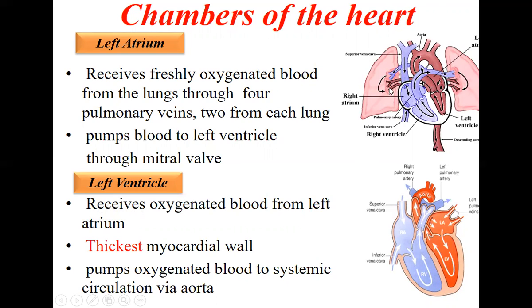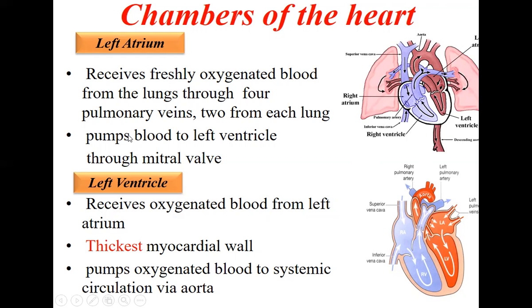So 2 from the right lung and 2 from the left lung will push the oxygenated, pure blood back into the heart, into the left atrium. These are called pulmonary veins, 4 veins.